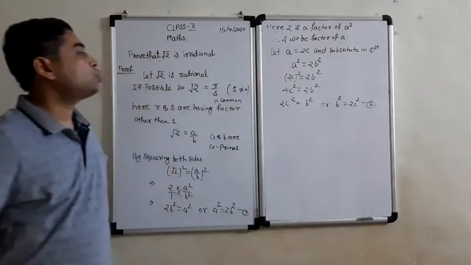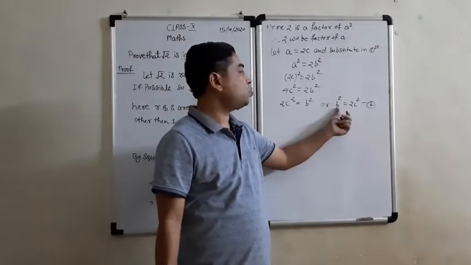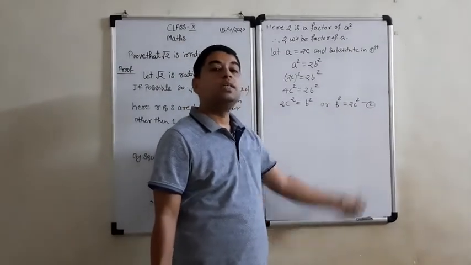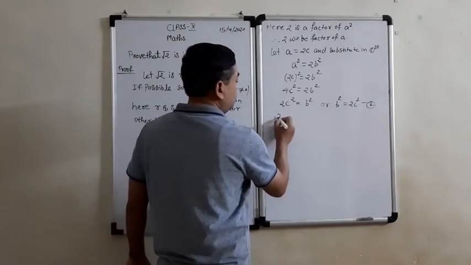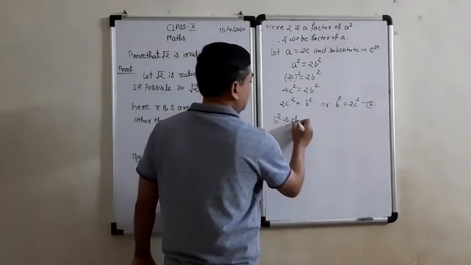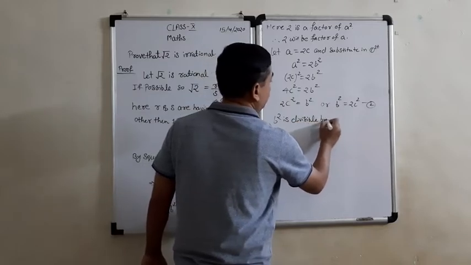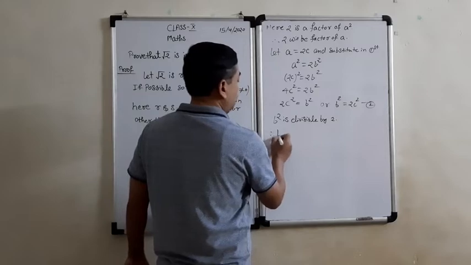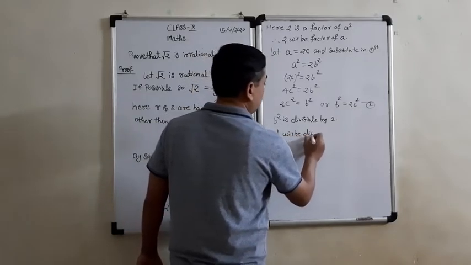Here also b square can be written as 2 into c square. It means b square is divisible by 2 as well as c square. So b square is divisible by 2, therefore b will be divisible by 2.